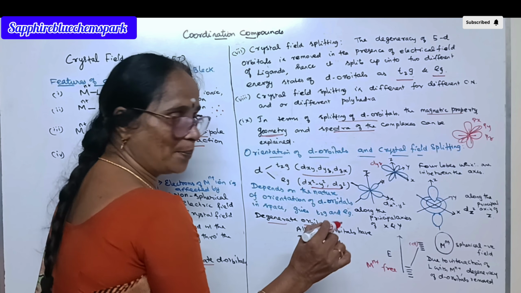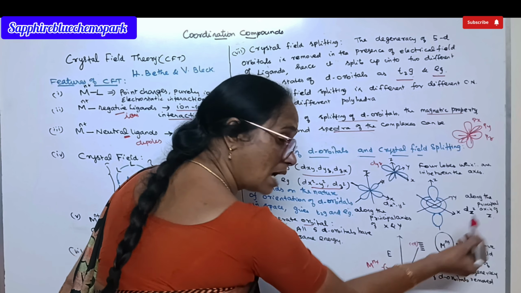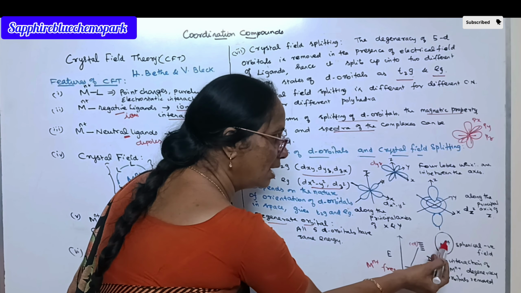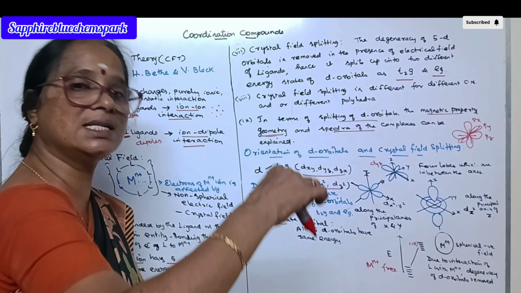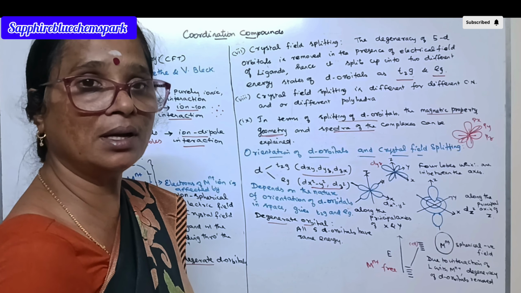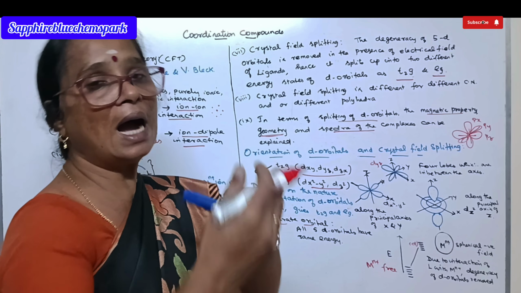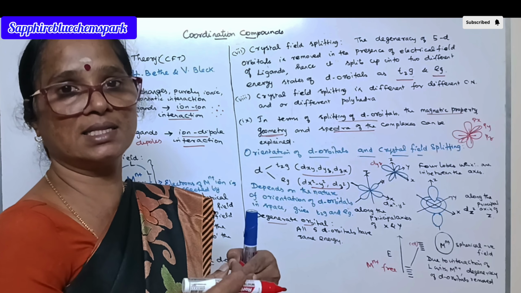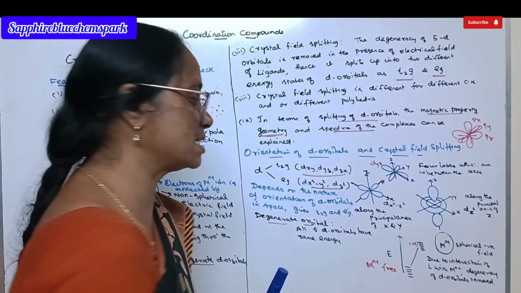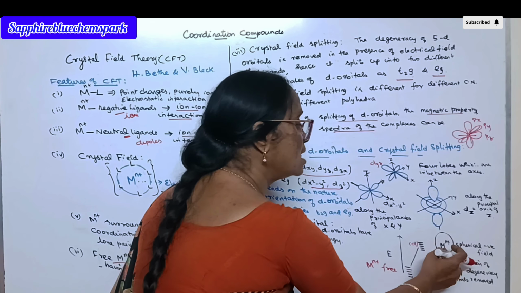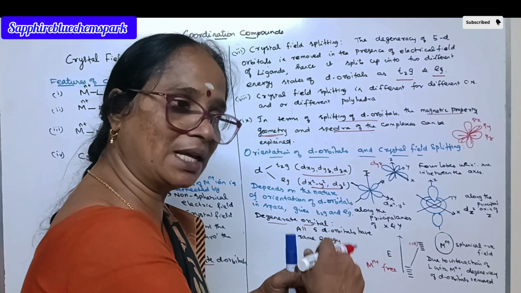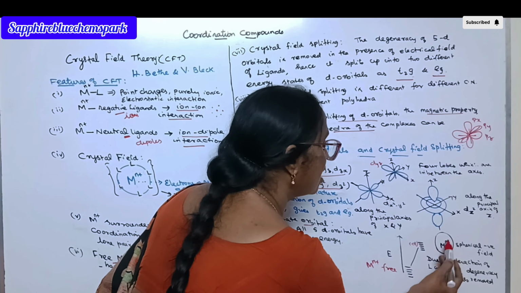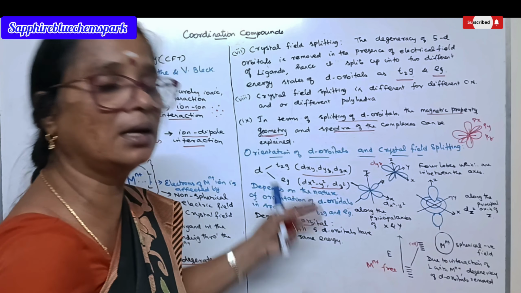The ligands have their electrons in the p orbital and the metal has its electrons in the d orbital. The d orbital electrons and the ligand orbital electrons interact. Because of the interaction between the electrons of the d orbitals of the metal ion and the ligand, the degeneracy of the d orbitals is removed.